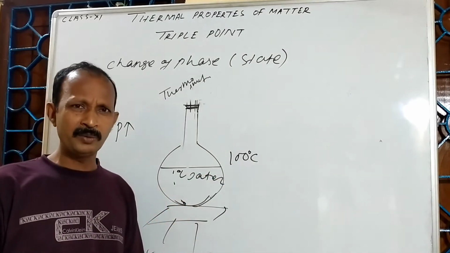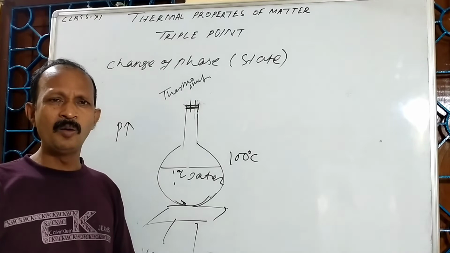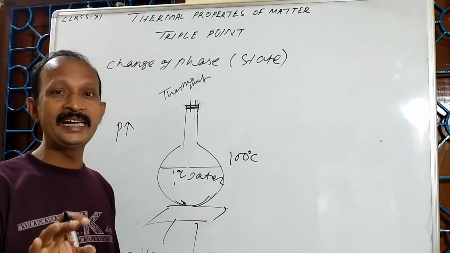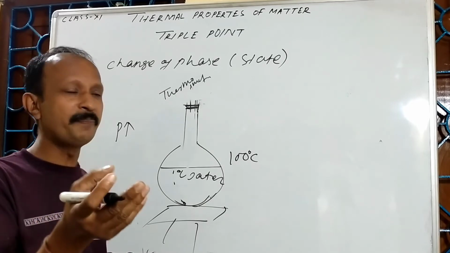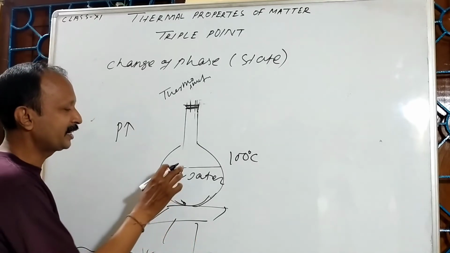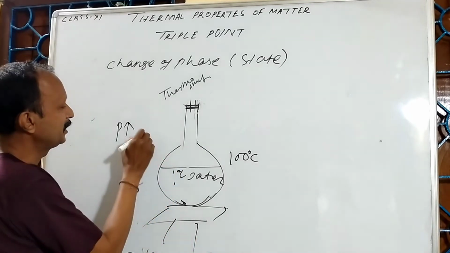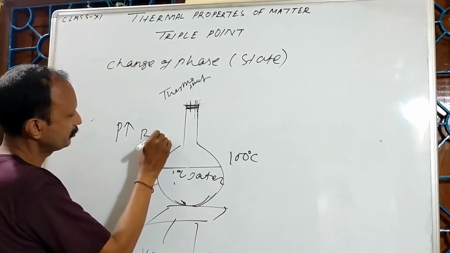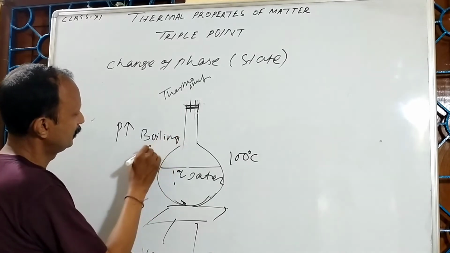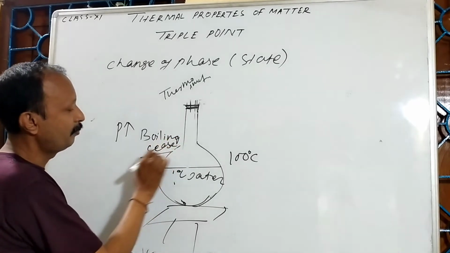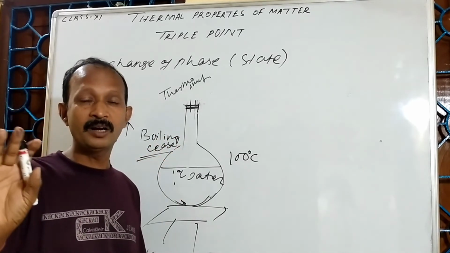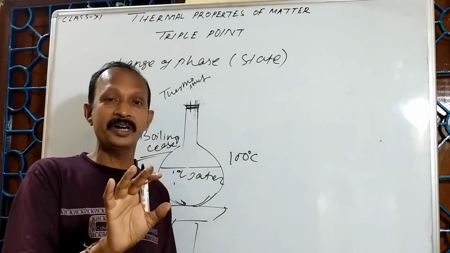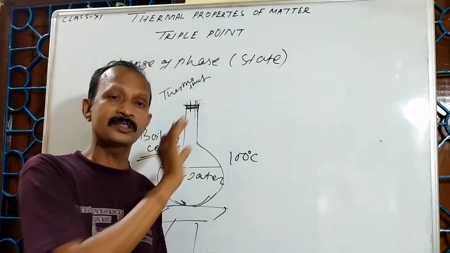Before that the boiling point was 100 degrees. Now the boiling point is not 100 degrees. It needs more temperature. So at that time we will find that pressure increase means boiling stops, because now the temperature is 100 degrees. Now it will not boil at 100 degrees. It needs more temperature because pressure increased.